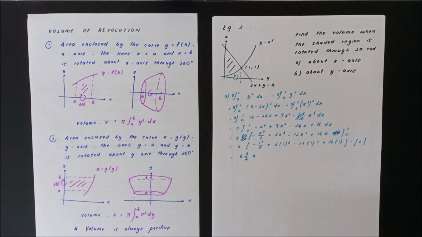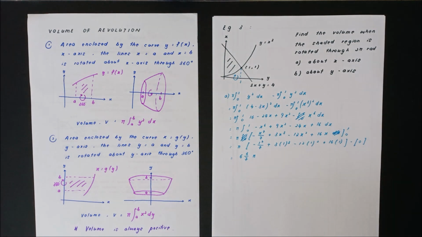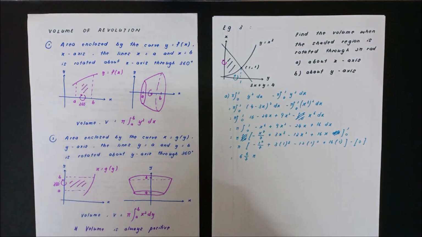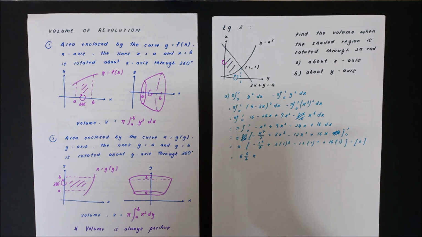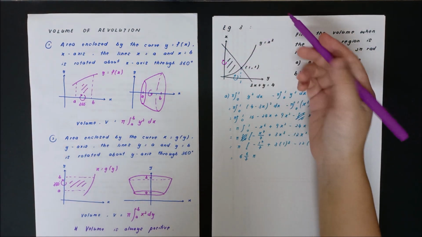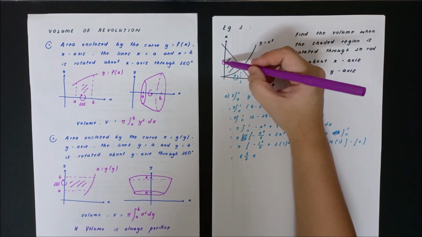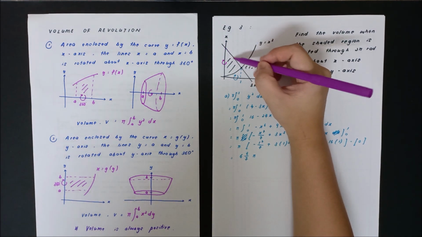Okay, for the B part about the y-axis, we're going to draw it again. It's going to be rotated here. When you check the limit for this line, if you use the whole thing and subtract, you will realize that what happens is like this.